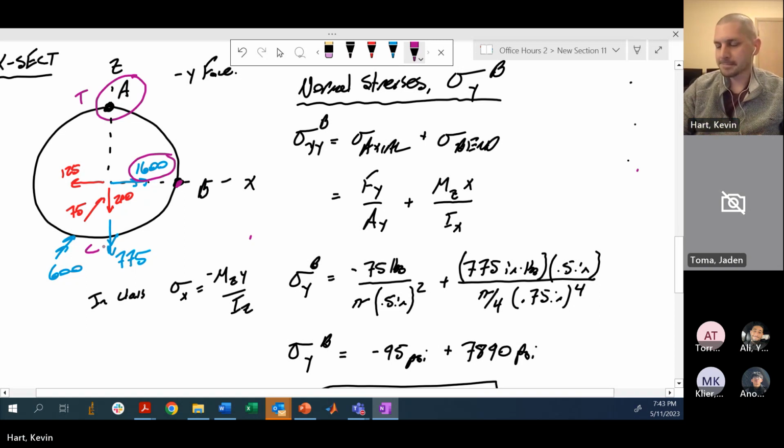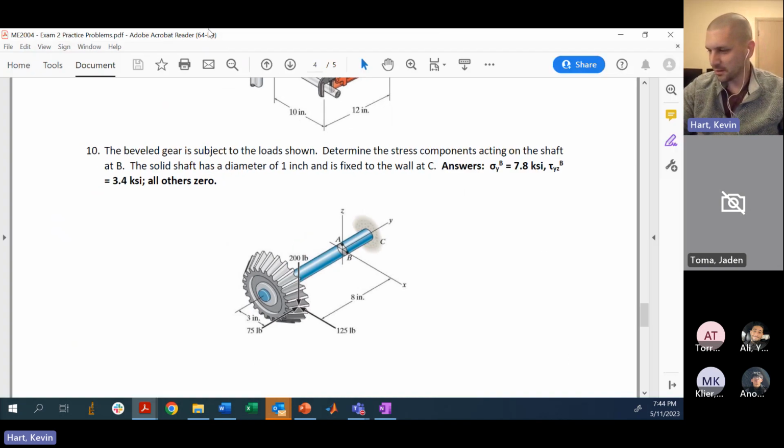You could visualize that too, just by looking at the problem again. That 1600 inch-pound moment is coming from this 200 pound force, which wants to pull this entire thing downwards, putting tension at A and compression on the bottom. You got that, Yusuf?